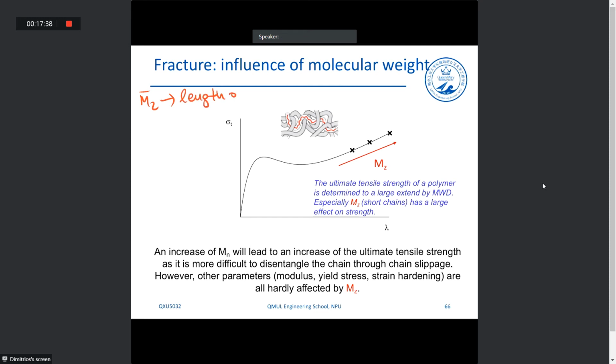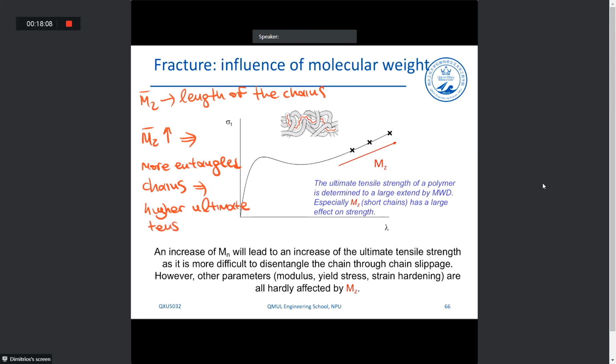So the higher the MZ, the more entanglements or more entangled chains, and that leads to higher ultimate tensile strength. Okay.